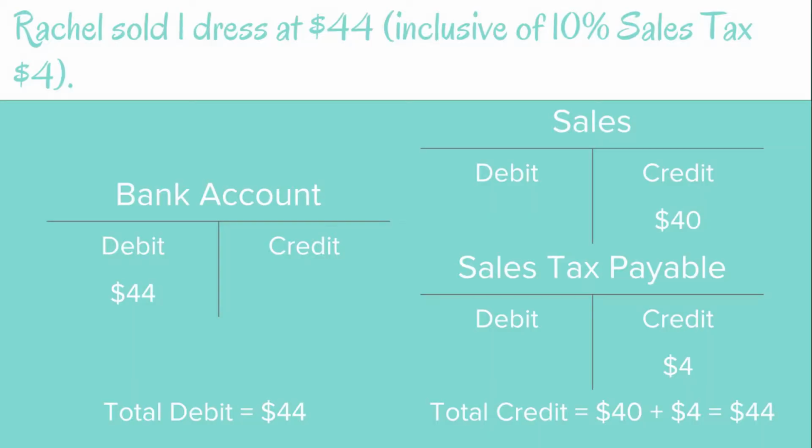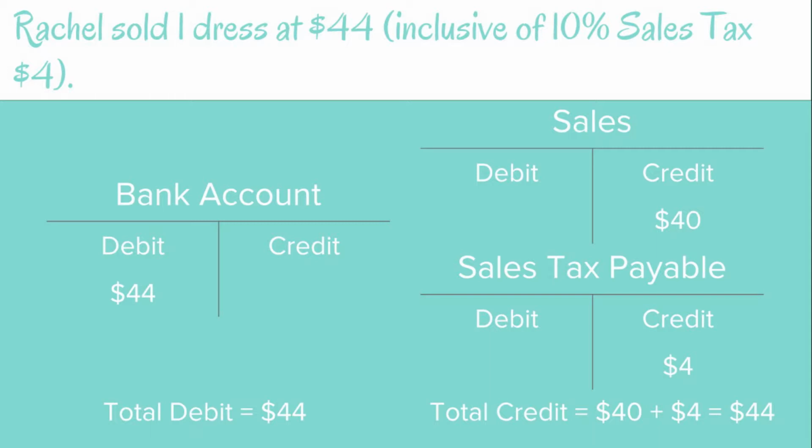Let's look at the next example. Rachel sold one dress at $44, and this price is inclusive of 10% sales tax of $4. She would debit the bank account $44. Meanwhile, on the credit side, she will credit her sales account $40, which is only the sales portion without the tax, and her sales tax payable will be credited with $4.